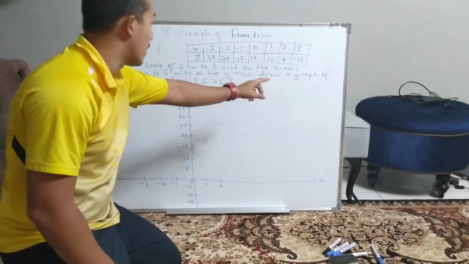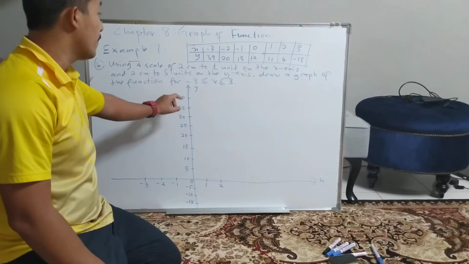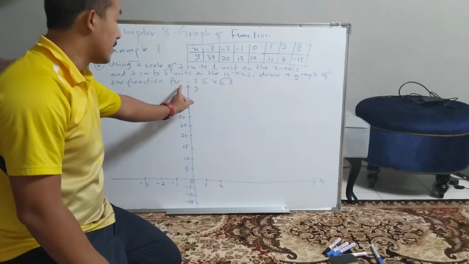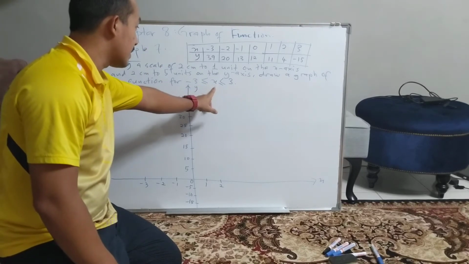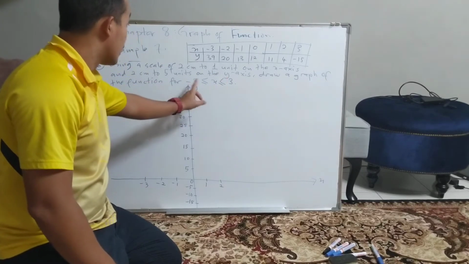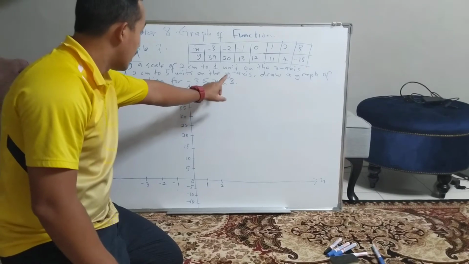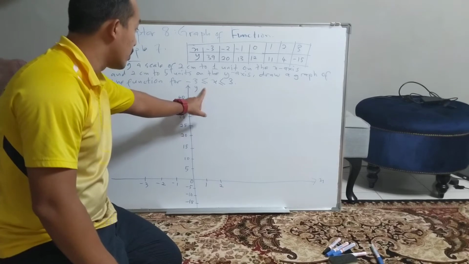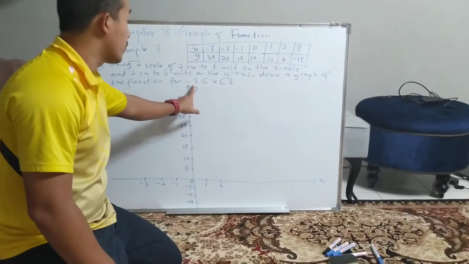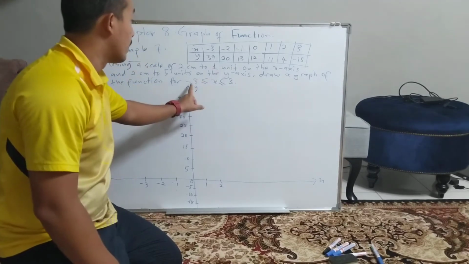Draw a graph of the function for minus 3 less than or equal to x, and x less than or equal to 3. This one is the range for the value of x.